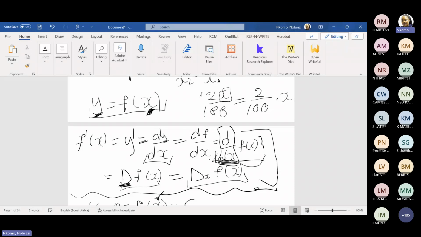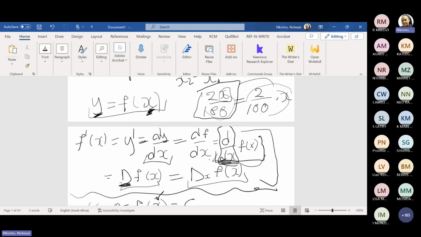This is your f, and this is your df over dx, right? Then I take this x and multiply it with everything. So I have 2 over 100 x. You'll get the same thing as someone who wrote it like this, or if you choose to write it like this. So let's come back here.